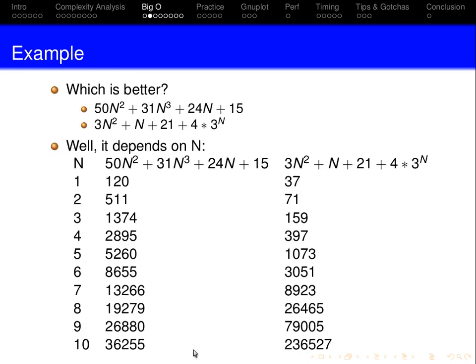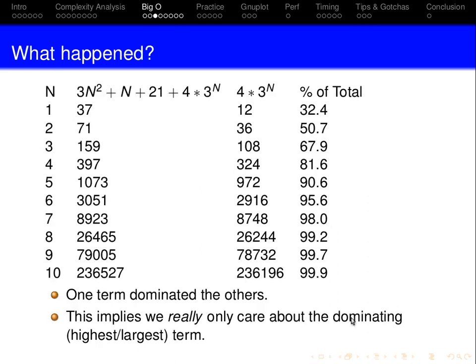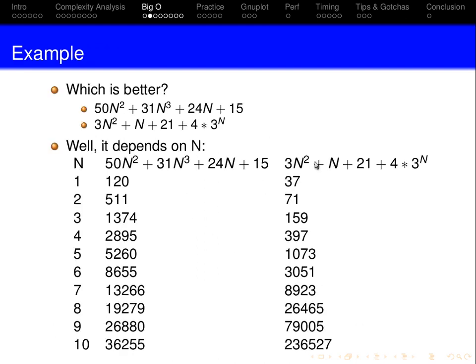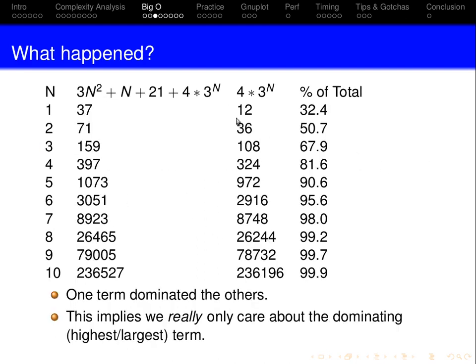So what happened to this function over here? Notice this one gets bigger and bigger, but this one is almost an order of magnitude. What's happening to that formula? Let me bounce back. I'm taking this formula right here, copying it over here with this number, and then evaluating just this term right here.